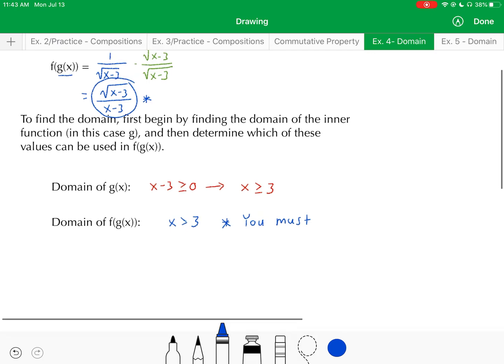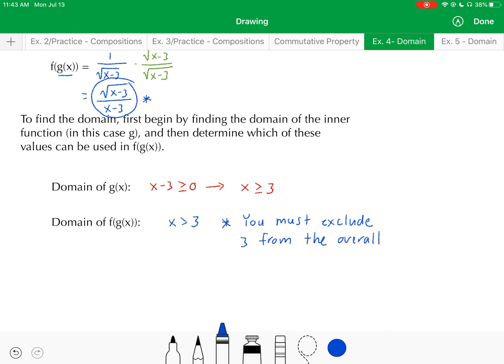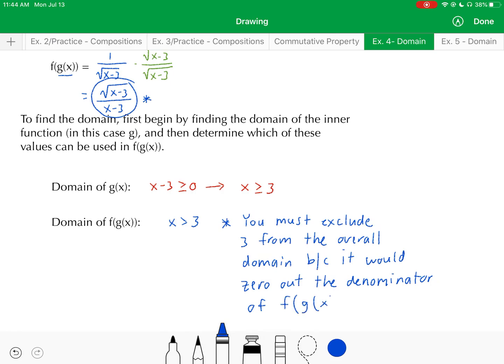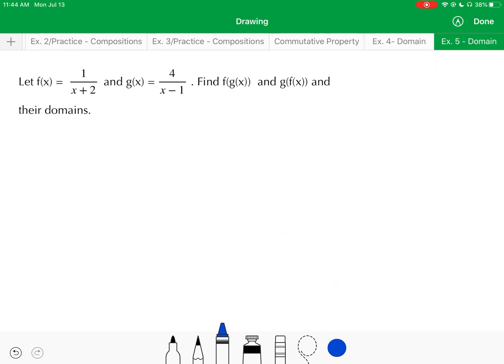We have to say you must exclude 3 from the overall domain because it would zero out the denominator of f of g of x. All right, let's move to one more example.